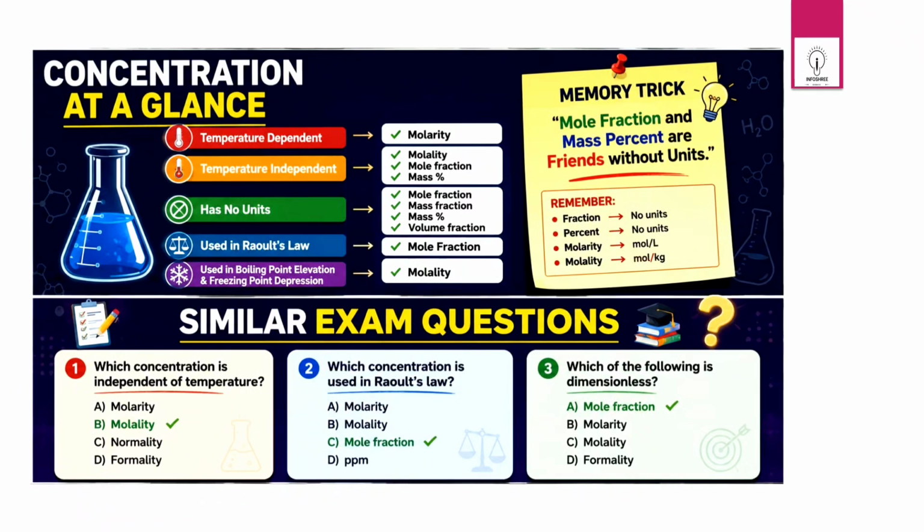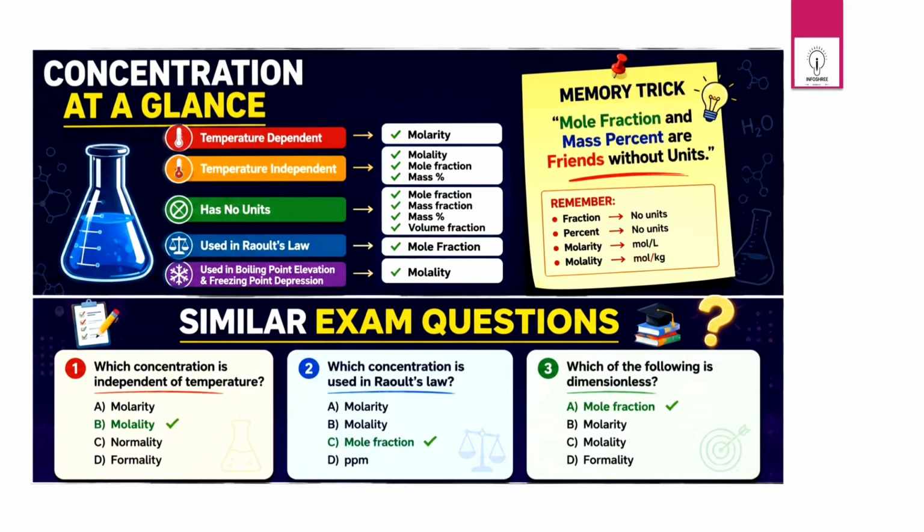Moles divided by 1 liter of solution, that is volume. Okay. What are the temperature independent things? That is molality, mole fraction and mass percent, which are temperature independent.